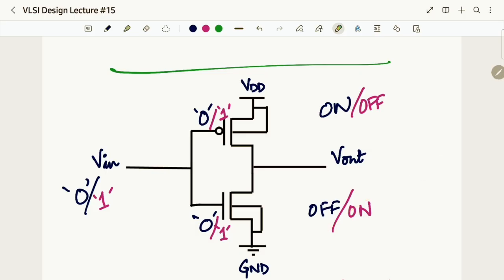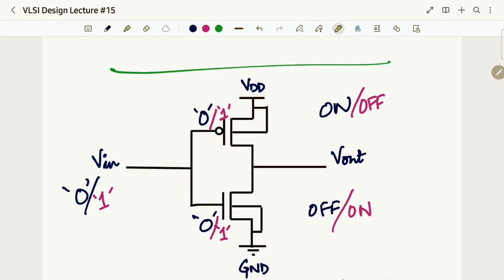Okay, now see, when I am giving 0 as our input, this 0 travels from here to both places, load and driver, and from here we are deciding that 0 is turning on my PMOS and it is not going to turn on our NMOS. So PMOS is now on.